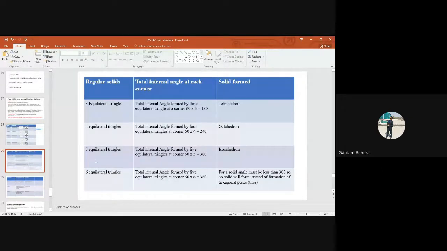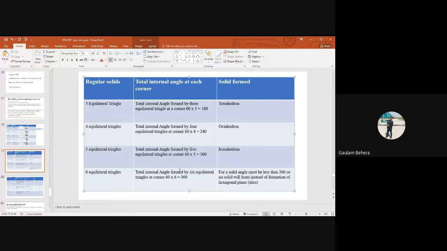Now next imagine we have 6 equilateral triangles. Suppose 6 equilateral triangles are meeting at a point and forming a vertices and corner, right? So total internal angle formed by these 6 equilateral triangles will be 60 times 6, 360 degrees. So can you tell me now, if this is 360 degrees, whether it will form a solid or not?